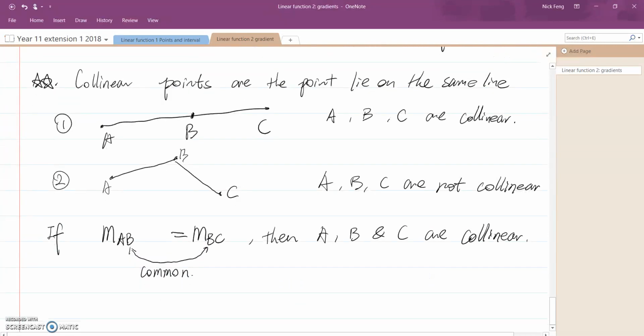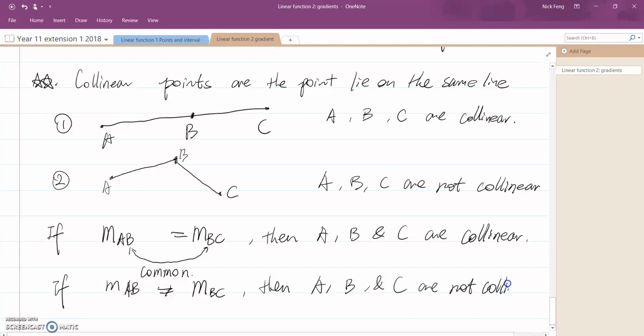If you have a common point and these two have the same gradient, which means they are parallel, of course they are on the same line. There's no other way. And obviously if you have the same common point B, and the gradients don't equal each other, then A, B, and C are not collinear, which means they don't lie on the same line.